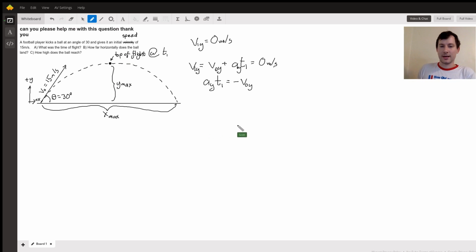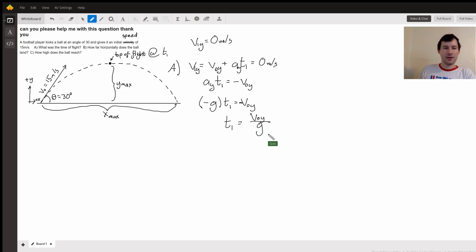Now, for projectile motion, for reasons we are not able to cover during this brief time, the y component of our acceleration is negative g, g being the gravitational constant. So negative g times t1 is equal to negative v naught y. I'll label this as A. The 2 negative signs cancel out, and we get that t1 is equal to v naught y over g.